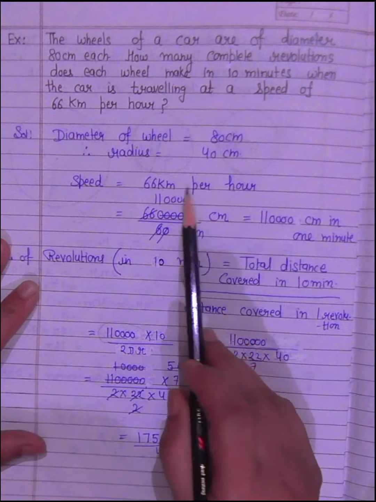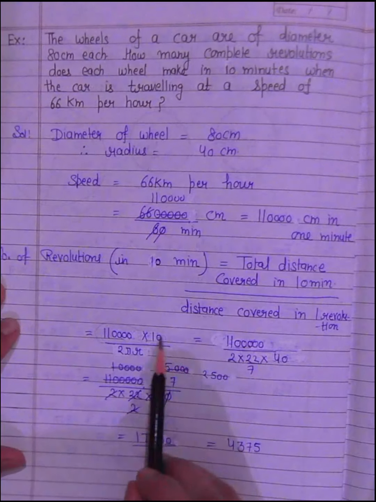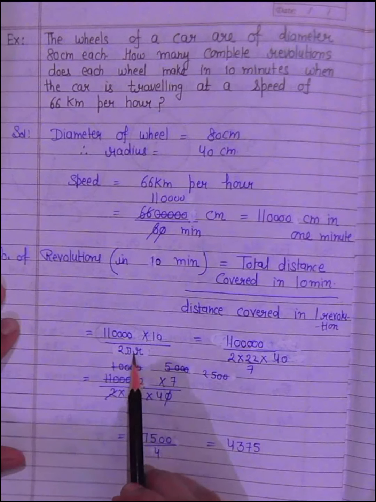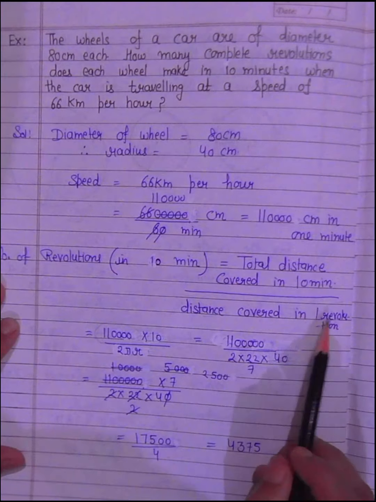So we will get 1,10,000 centimeter in 1 minute. We have to find the number of revolutions in 10 minutes, that will be equal to the total distance covered in 10 minutes divided by the distance covered in one revolution. This will be equal to 1,10,000 into 10, because in 1 minute it was 1,10,000, but we have to find in 10 minutes, so we will multiply by 10. Divide by the distance covered in one revolution.